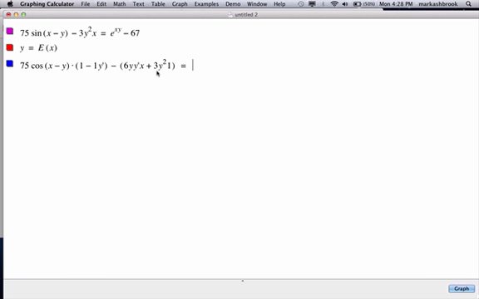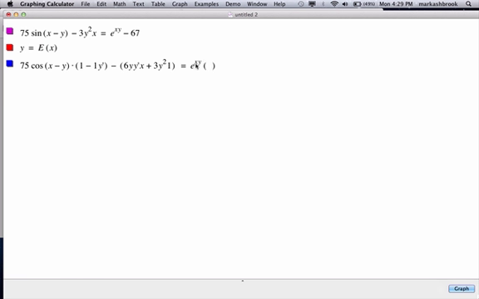Coming to the right side, now we have to take the rate of change of e to the xy. The overall structure is e to the something, and we know that the derivative is e to the something. But then, by the chain rule, we'll have to multiply by the rate of change of the interior function.